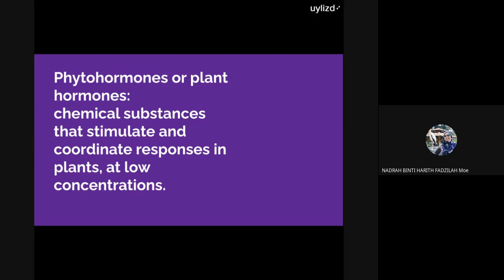So auxin tu masih lagi stimulate the same context, which is cell elongation. Tetapi at high concentration, kesan dia pada shoot lain, kesan dia pada root lain. Sebab itulah kita dapati plant hormon ni tidaklah begitu rencam macam manusia, sebab dia punya effect of different concentration tu ada varied effect.